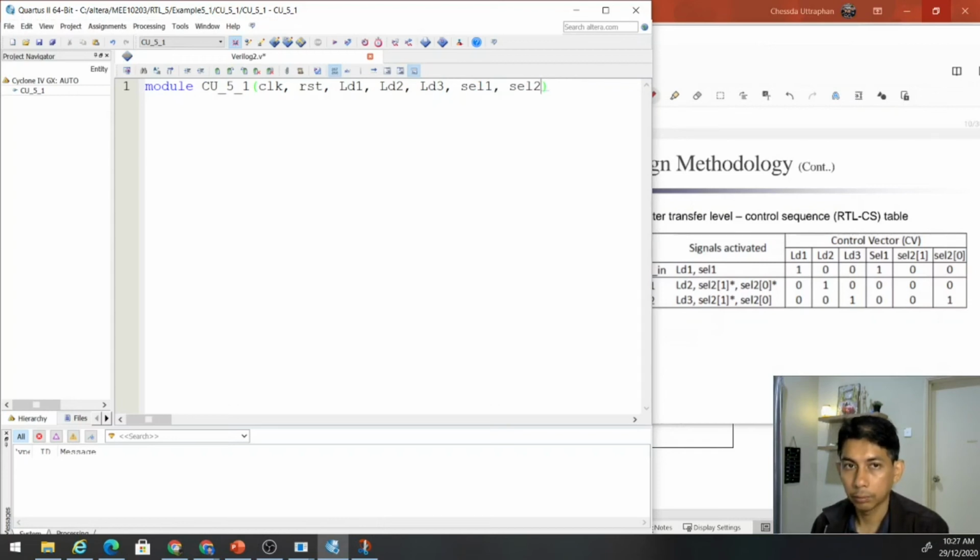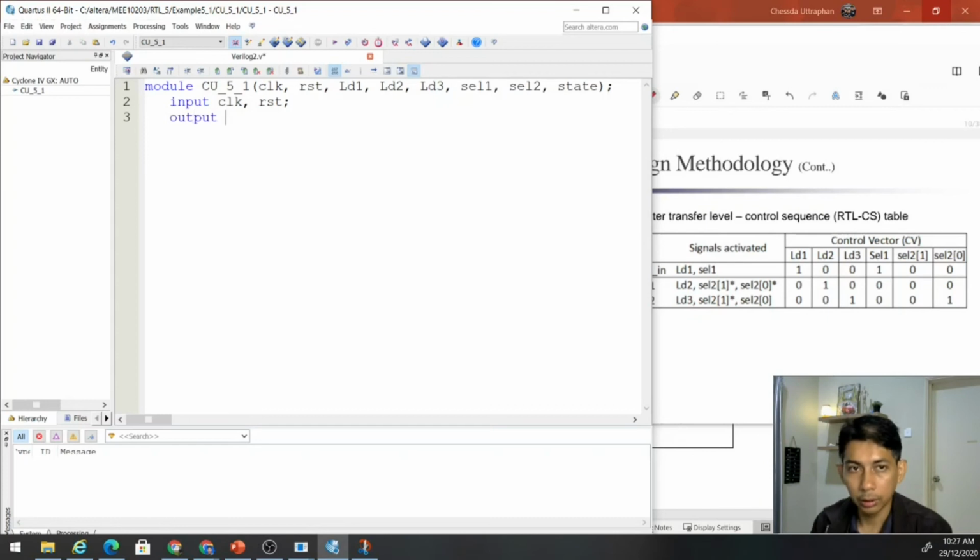Maybe I add another signal, which is the state, so that I can see the state in the simulation. This is for simulation only. So we have only two inputs, clock and reset.